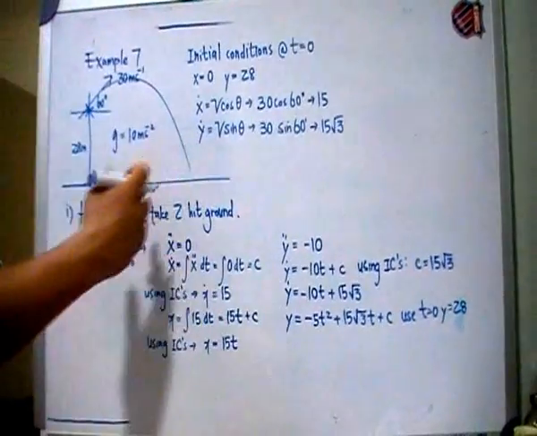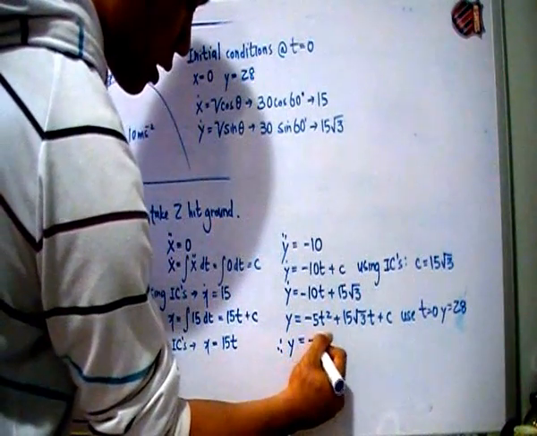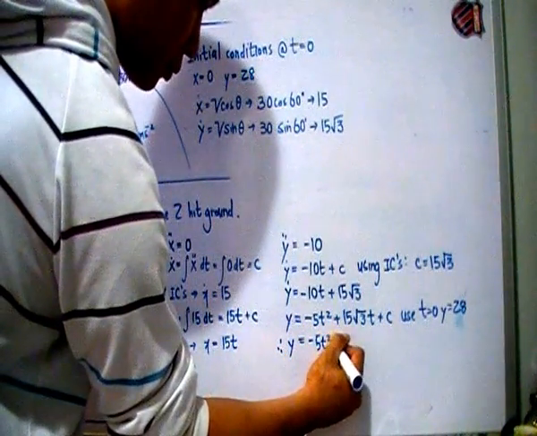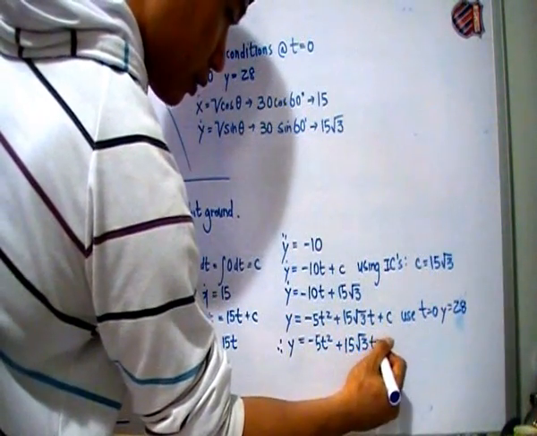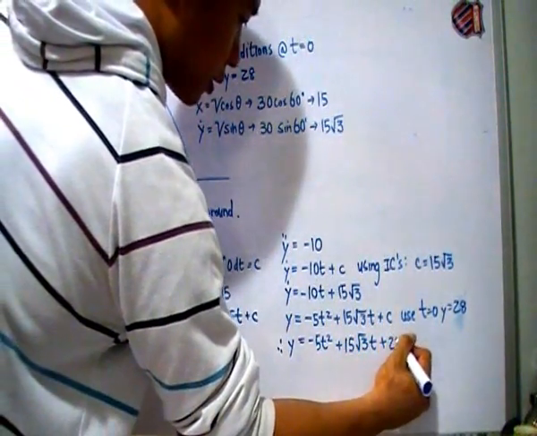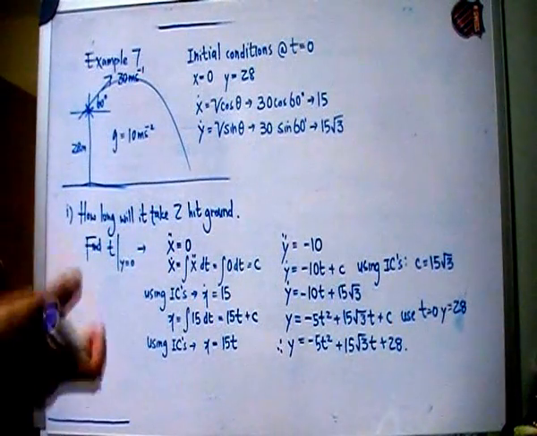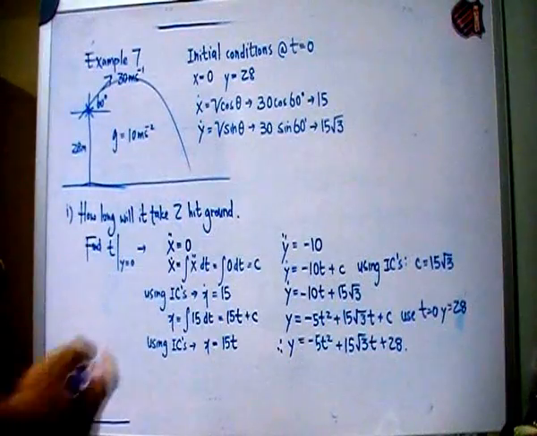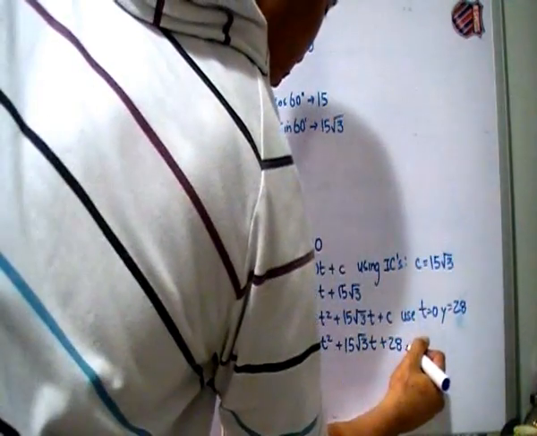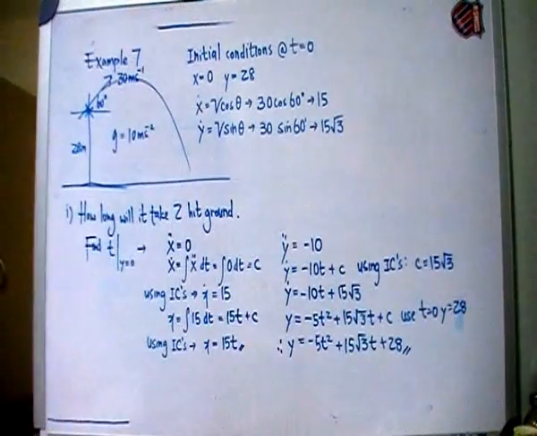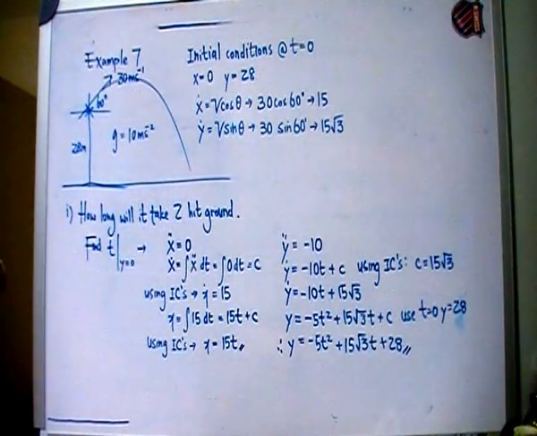Using those initial conditions, you'll get, therefore, y equals minus 5t squared plus 15 root 3 t plus 28. So you've got your x equals 15t, and you've got your y as that quadratic function in time.